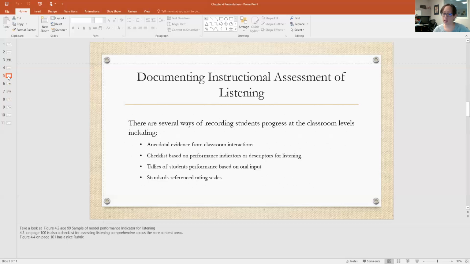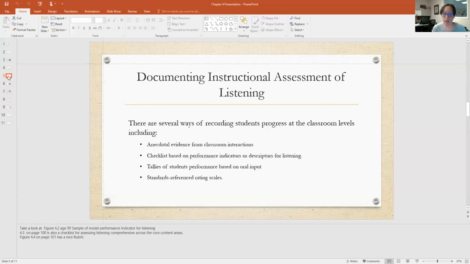I personally like to use tallies of students' performance based on oral input. If I hear them pronounce a word, I write the word down and then I like to tally how many times they used it, whether it be 5 in a half an hour period, standard reference rating scales.